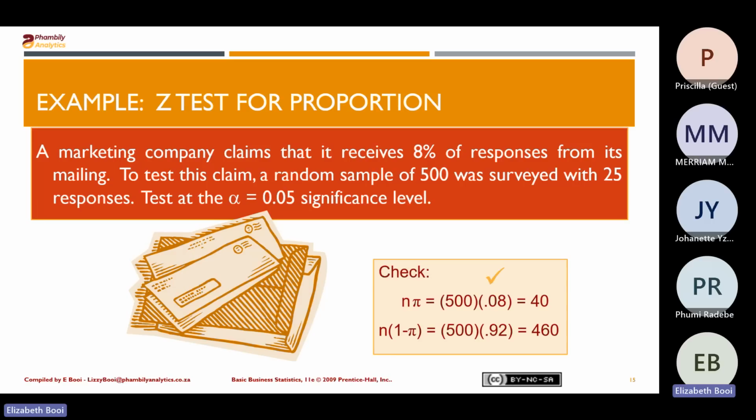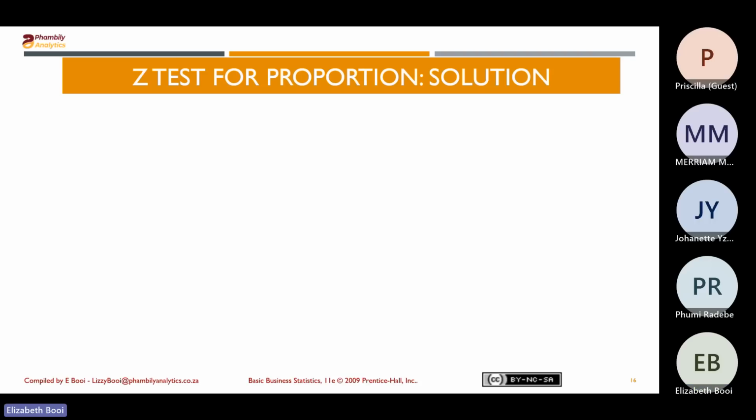How we test the claim. A marketing company claims that it receives 8% of the responses from its mailing. To test this claim, a random sample of 500 was surveyed with 25 responses. Test at alpha of 0.05. So now, in order for us to test this hypothesis, we're going to state our null hypothesis and alternative.